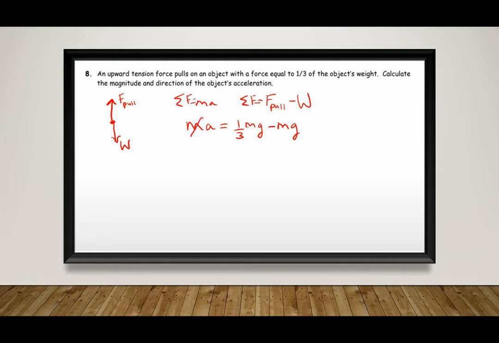Mass can cancel, which makes our life much easier. And therefore, we get that our acceleration is negative 2/3 gravity, which is 6.6 meters per second squared downward. And that is the magnitude and the direction of our acceleration in that case.